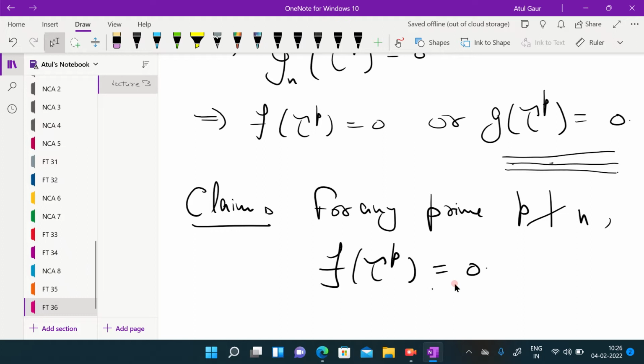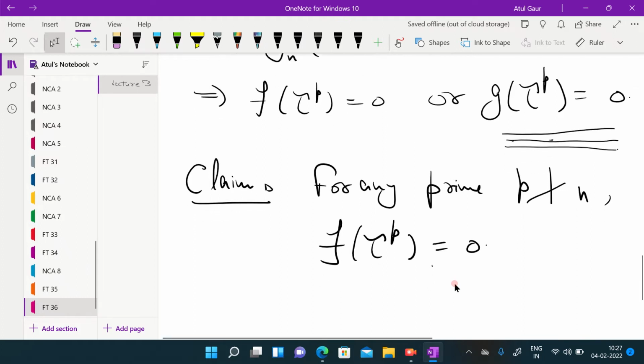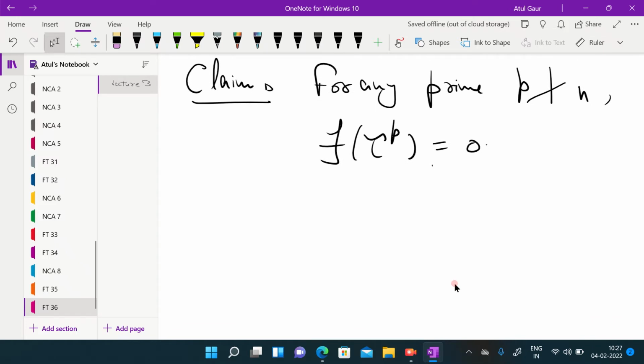So this will give me the equality that Φn(x) is exactly equal to f(x). And because f(x) is an irreducible polynomial over Z, Φn(x) will also be irreducible. So it is enough to establish the claim, and once it is done, the proof is done. Okay, so suppose g(τ^p) is 0.